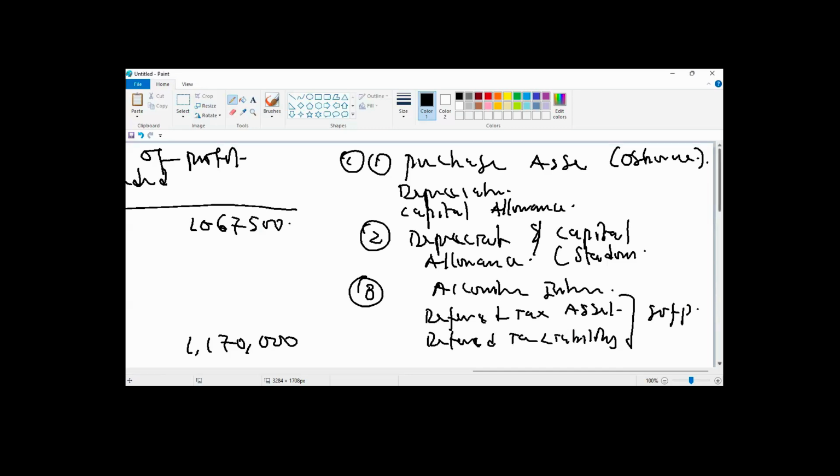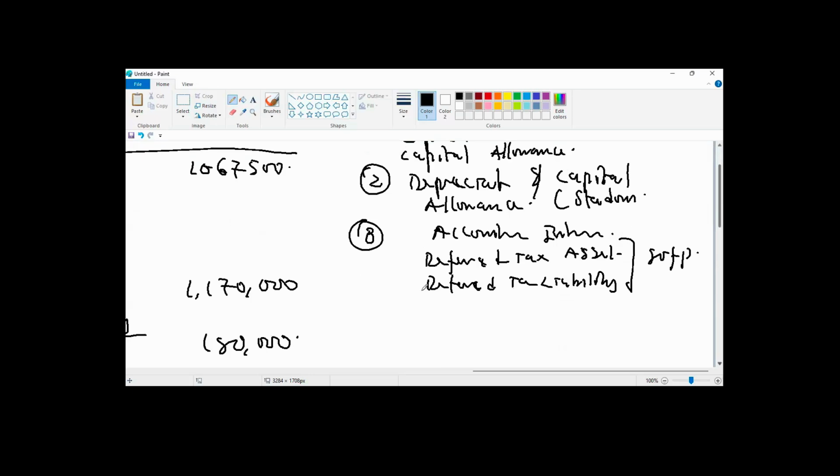Then the next thing, if you are now talking about deferred tax income, income is also called credit, or credit is also called income.